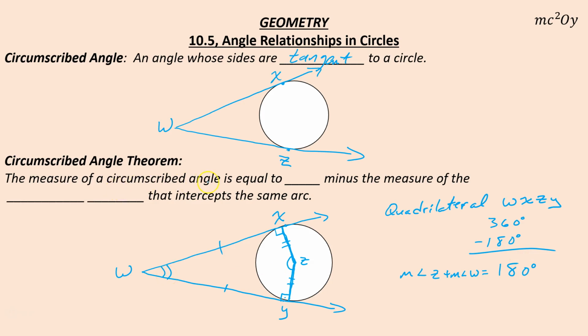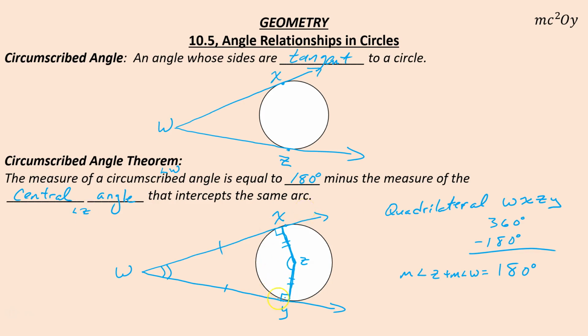So the measure of a circumscribed angle is equal to 180 degrees minus the measure of the central angle. In this case, angle W is equal to 180 degrees minus the measure of the central angle, which in this case is angle Z, that intercepts the same arc.